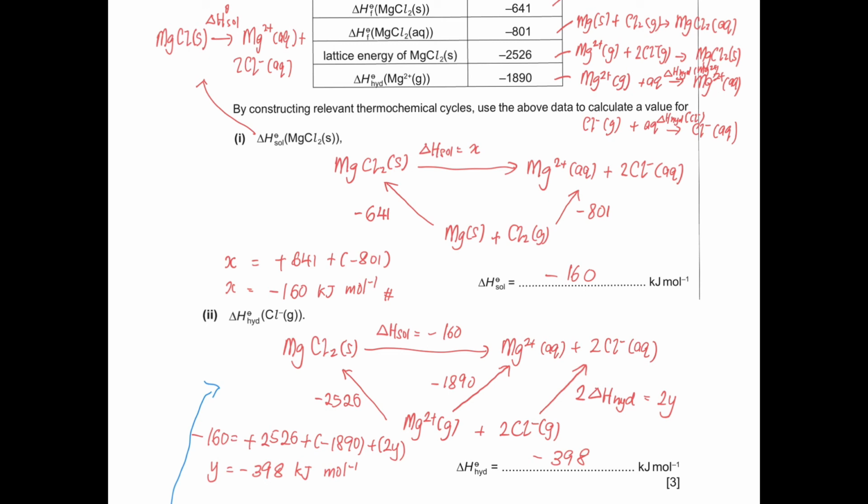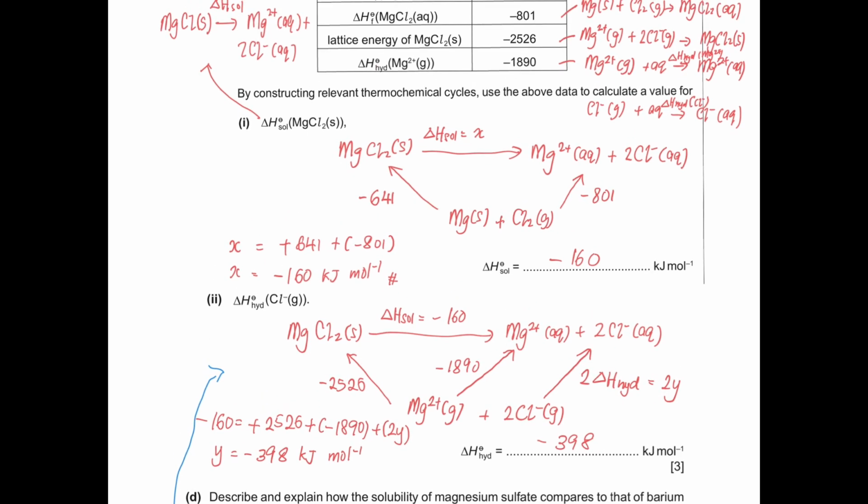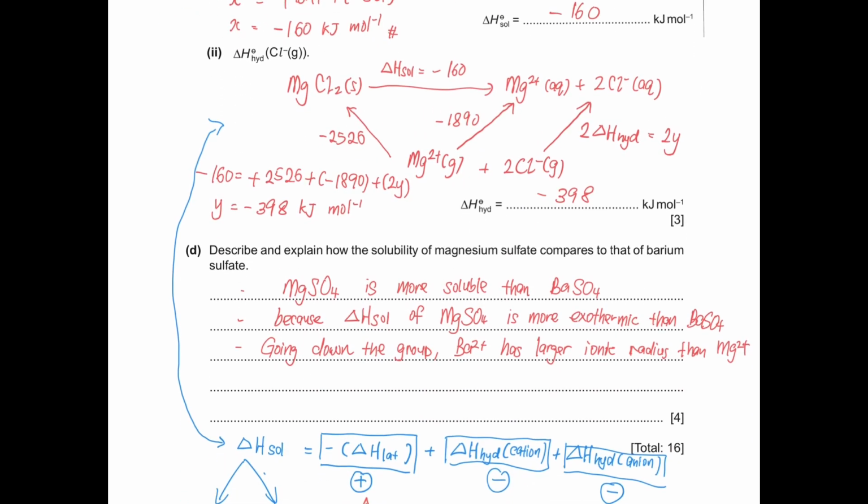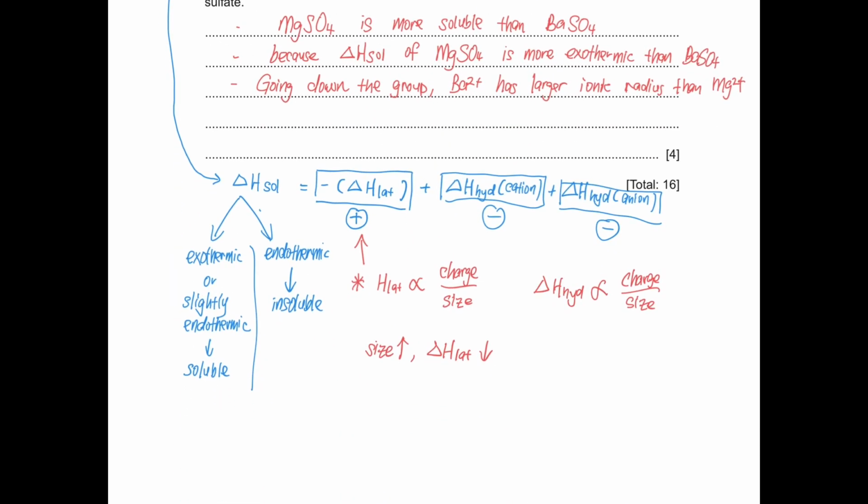The value is getting smaller from maybe negative 2000 to maybe negative few hundred. That is less exothermic. Getting less exothermic.